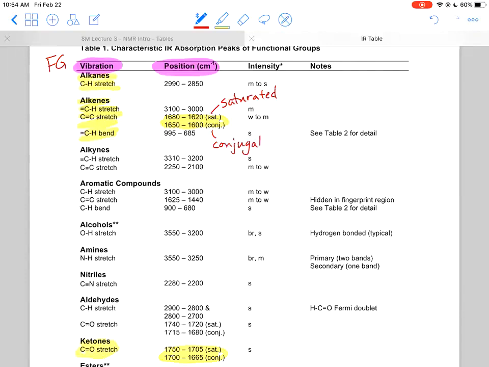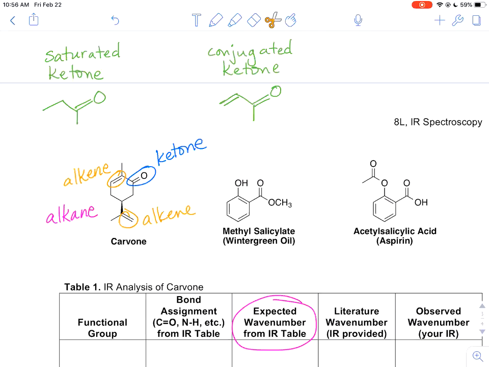I'm going to give you a little intro to what saturated versus conjugated actually means. So let me go back over to the structure on the previous page to decide which ones we're going to be using. Here I just added these examples of what's considered to be a saturated ketone versus a conjugated ketone.